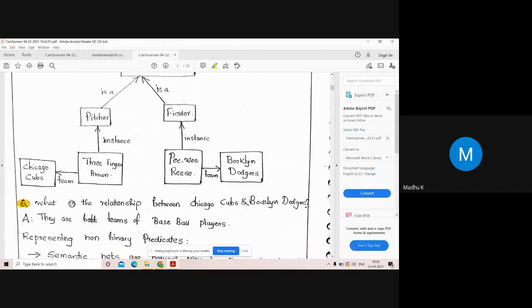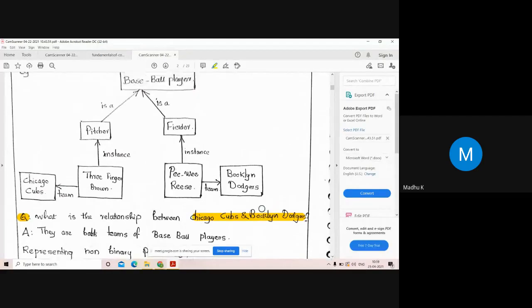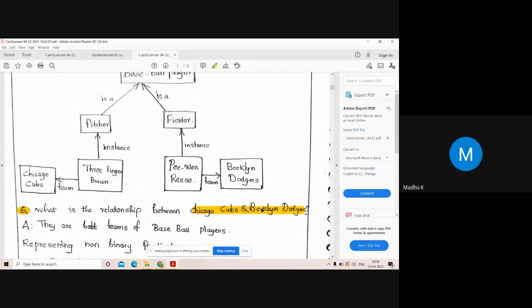What is the relationship between Chicago Cubs and Brooklyn Dodgers? So there are two objects. One is Chicago Cubs and another is Brooklyn Dodgers. Let us check what the relation is. This is the Brooklyn Dodgers node.